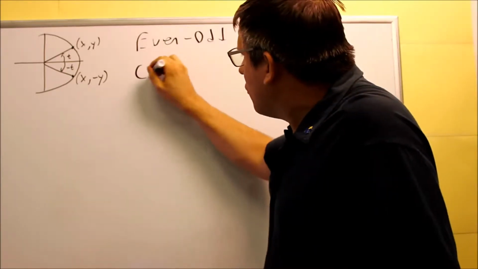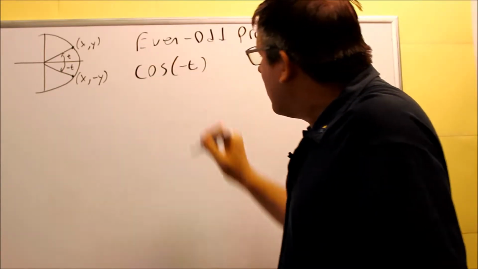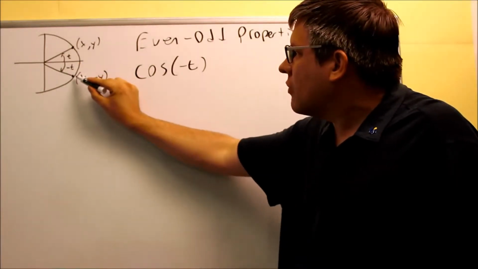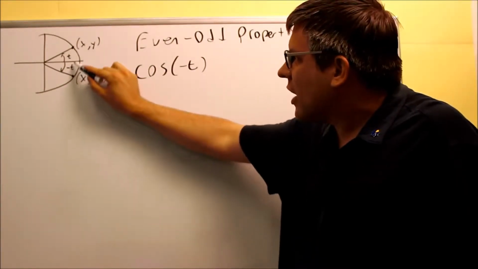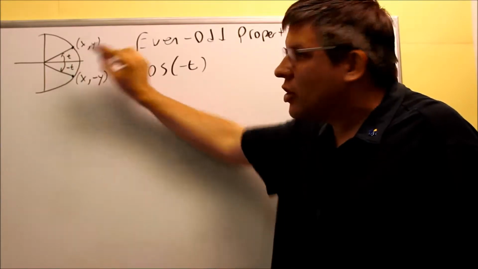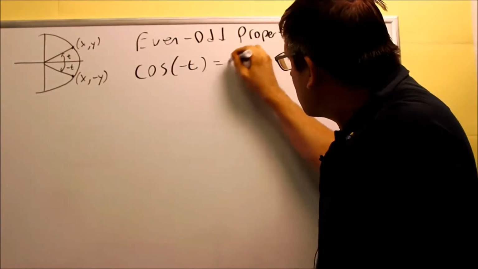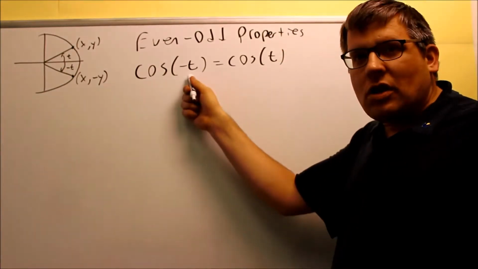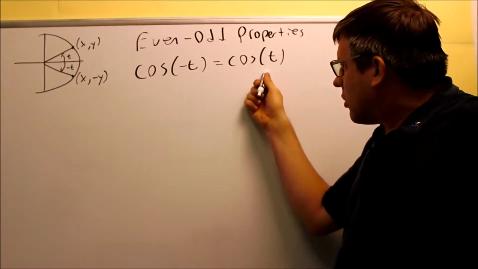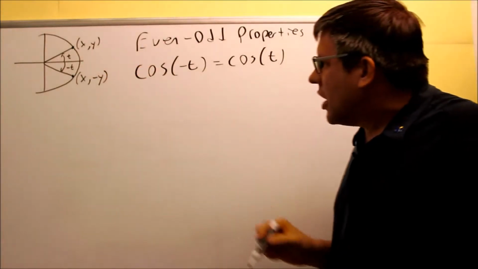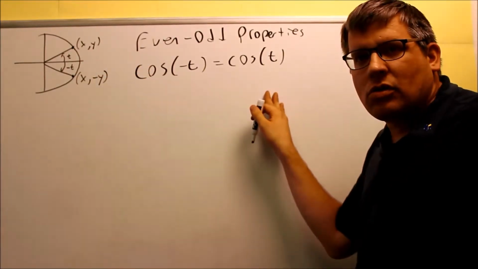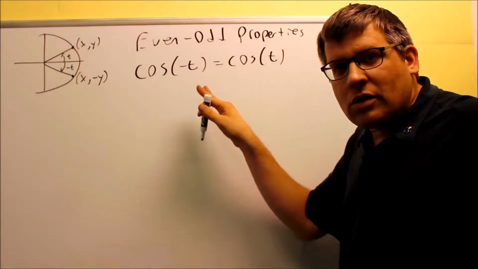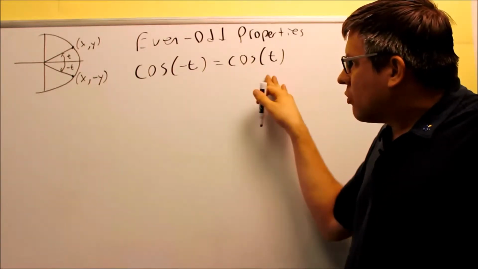So if I do cosine of negative t, so the x value at negative t, that x value is exactly the same as the x value if I had a positive angle. That would be cosine t. So cosine negative t is the same thing as cosine of t. These x values are exactly the same. So therefore, now I have a way to get rid of a negative angle. If I have a negative angle, I can rewrite it as a positive angle.